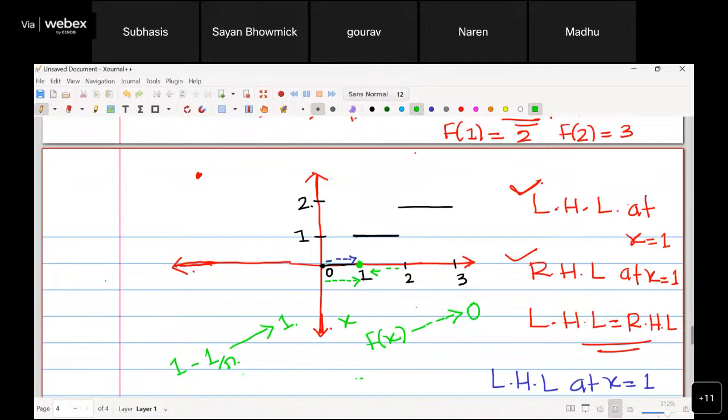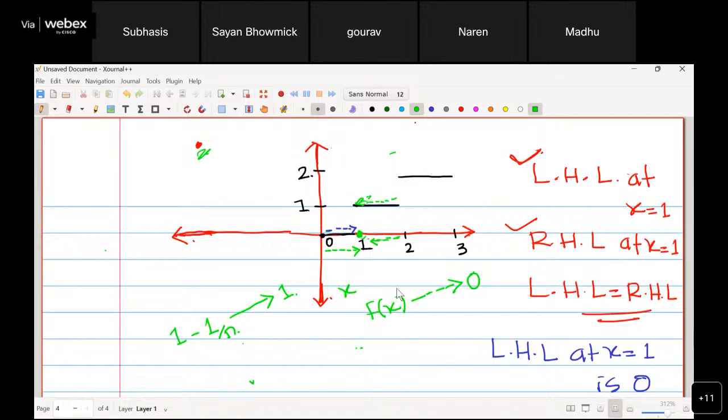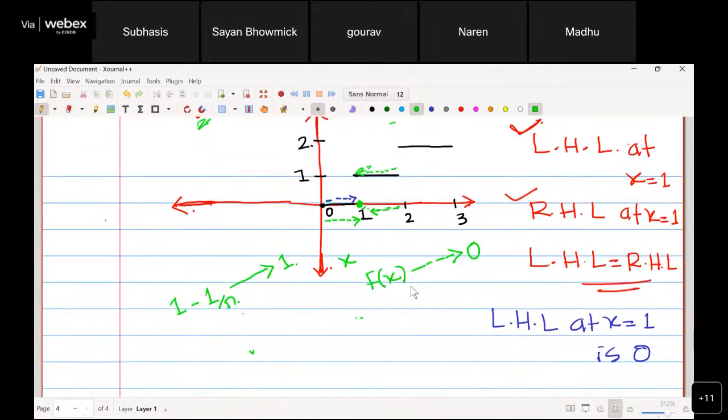If you see the graph, it's clear that the value of the function is approaching 1. So the left hand limit at 1 is 0, whereas the right hand limit at 1 is 1.